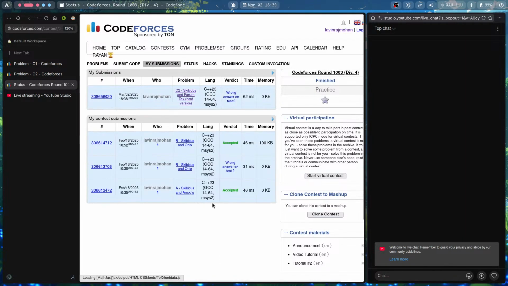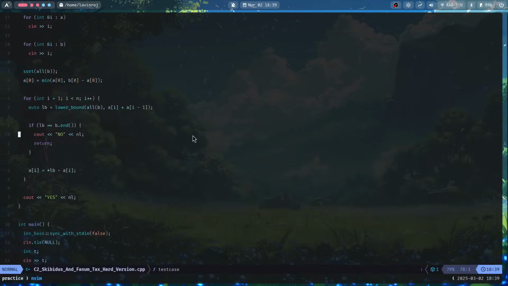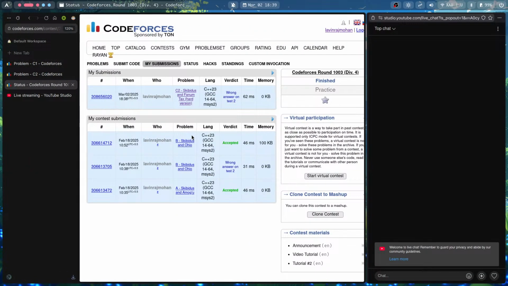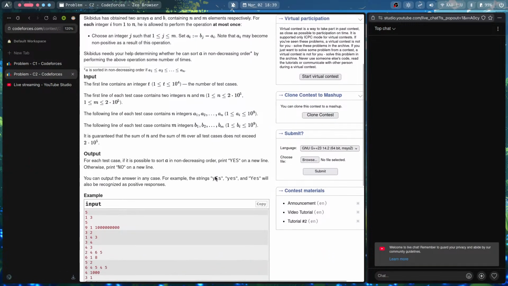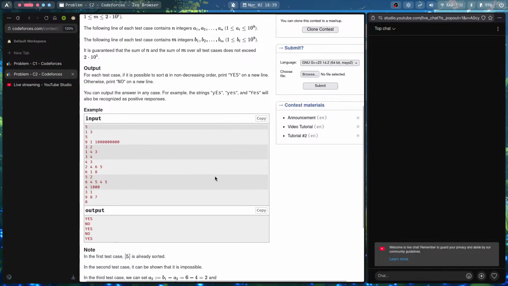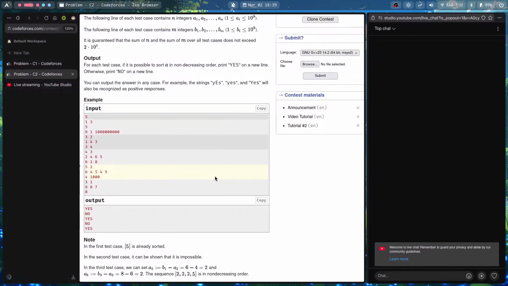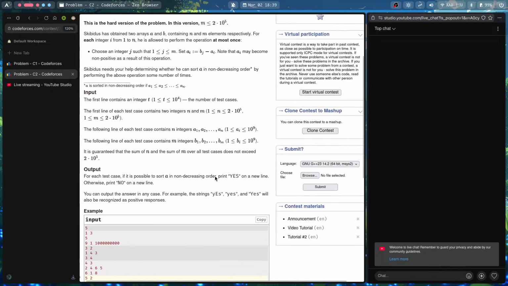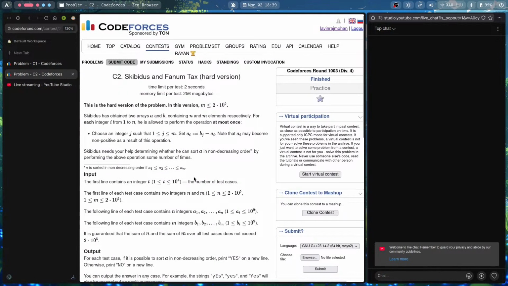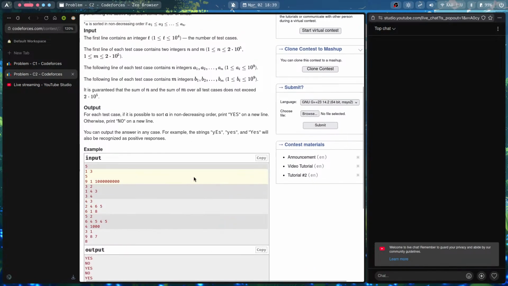Should we see the test case? Let's just not look at the failed test cases. It's wrong answer on test 2. Mm, could it be overflow?